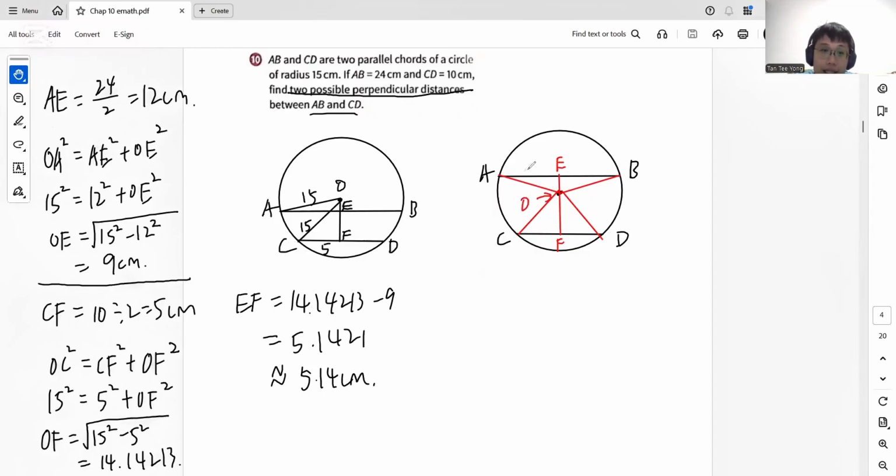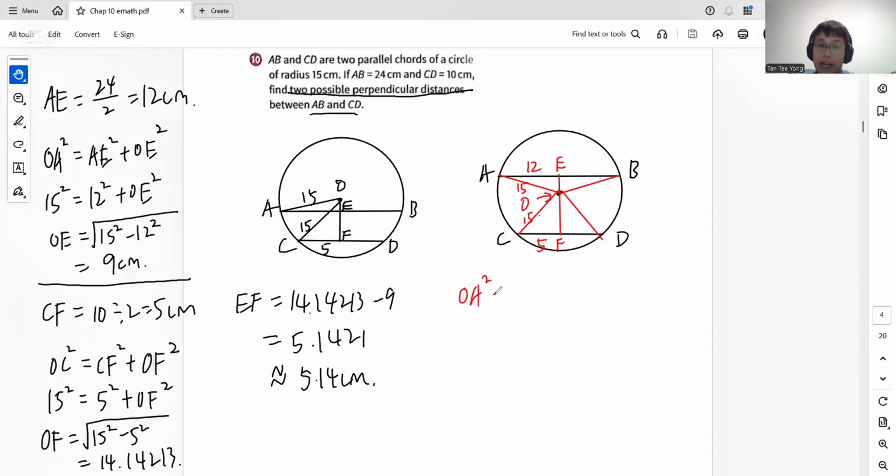So same thing, AE over here is 12 as we calculated just now. CF is also 5, we calculated just now, right? And CO and AO are both 15 because of the radius of the circle. So in this case, let's find out what OE is first. So OE square, should start with OA.